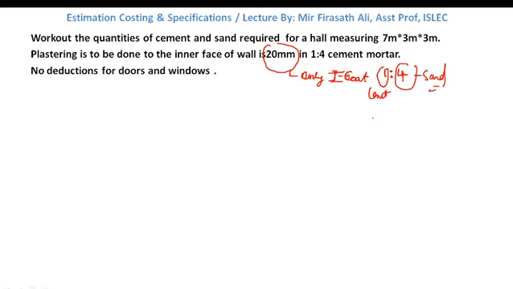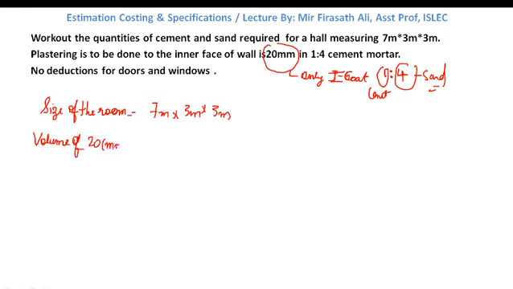So, first of all, we will start with the size of the room. Size of the room given to us is 7 meters into 3 meters into 3 meters. Now, we will calculate the volume of 20 mm thick plastering.